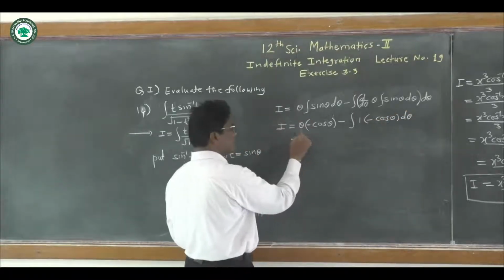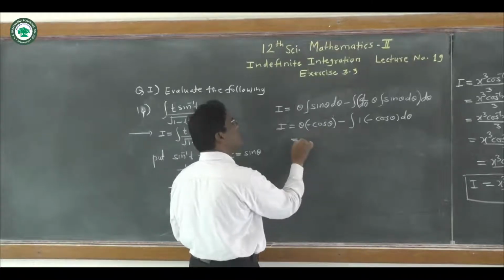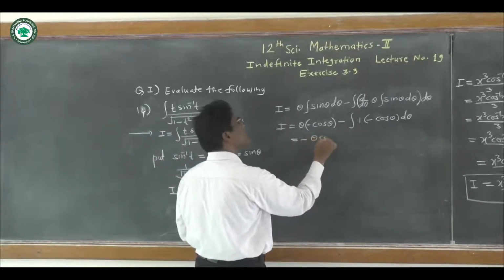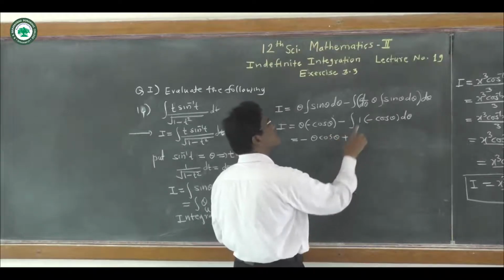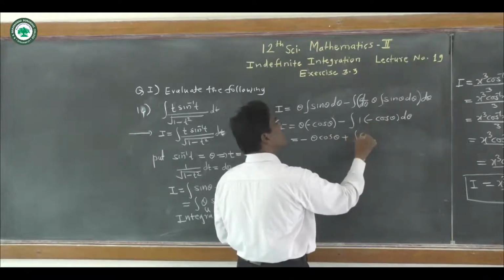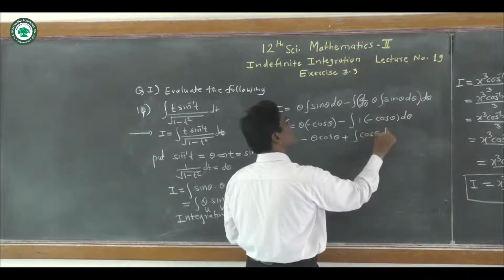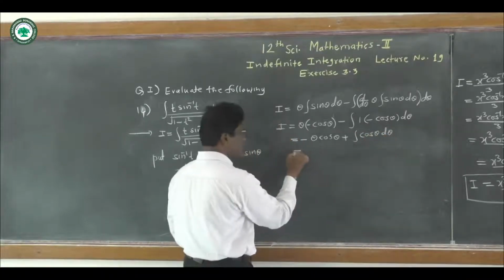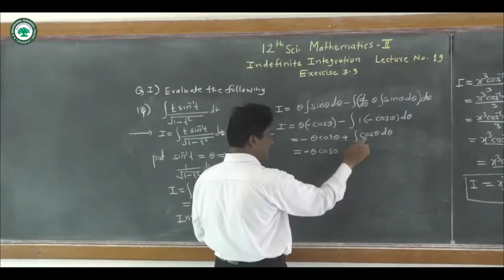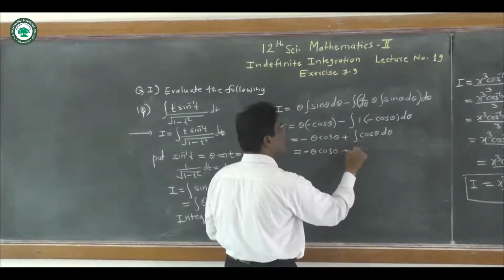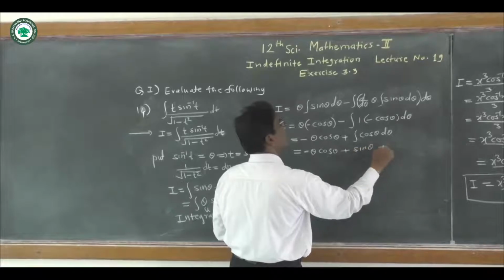So this is equal to theta into minus cos of theta. We write minus theta cos of theta minus, and this minus becomes plus, integration of 1 into cos theta, that is cos theta d theta. So it is equal to minus theta cos theta and integration of cos theta here is sin theta plus constant of integration.